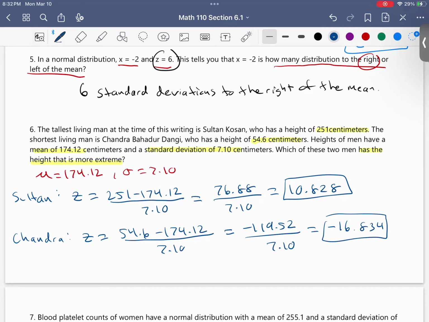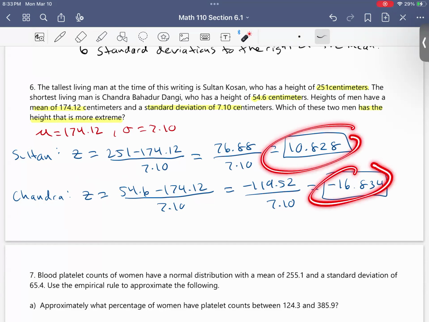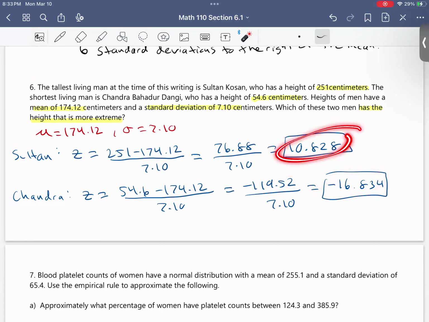Okay, so the tallest living man has a z-score of 10.8, and the shortest living man has a z-score of negative 16.8. So who has the most extreme? Well, whoever has the most extreme is whoever is farther from the mean. And 16 is way farther from the mean than 10. Because 16 standard deviations away from the mean as opposed to 10 standard deviations. So let's go ahead and write that out.